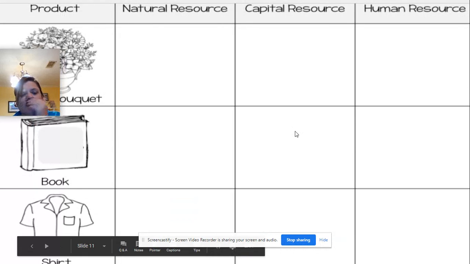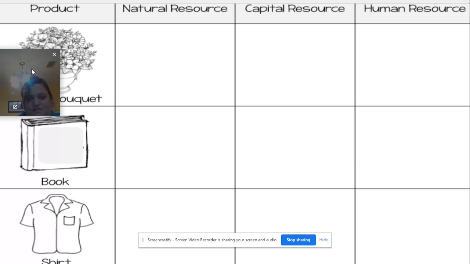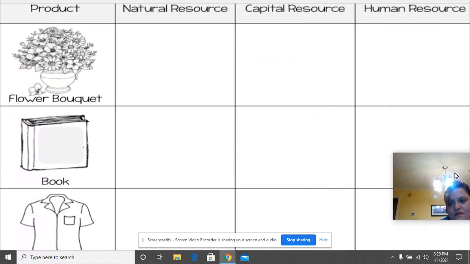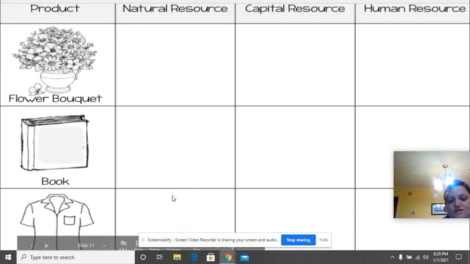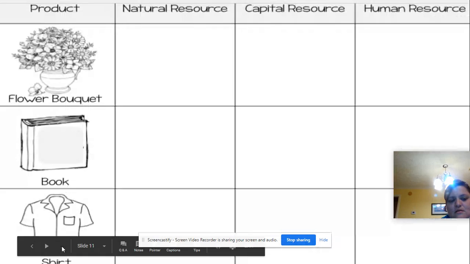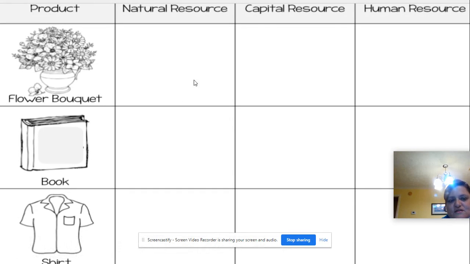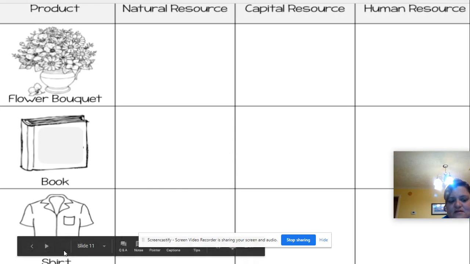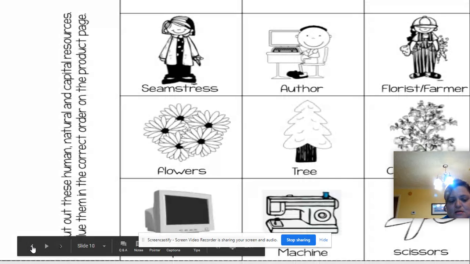Okay, so here's what you're going to do. Once you have those cut out, if you look at these columns here, this is your natural resource column. So you're going to use these for this column right here, okay? So a flower bouquet, you're going to have to think which one of those natural resources is going to make a flower bouquet. So let's go back and look.